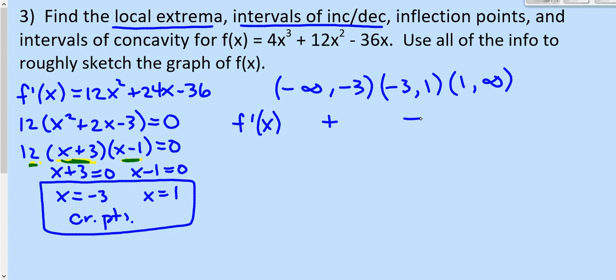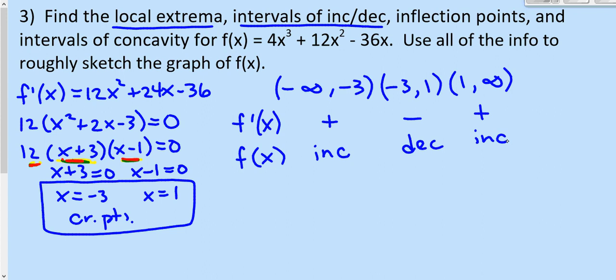For the next interval, I'm going to pick 2. So I have 12 times 5 times 1. Positive times positive, that's positive. So what does that tell us about f? F is increasing, decreasing, increasing. F increases when the derivative is positive, f decreases when the derivative is negative.